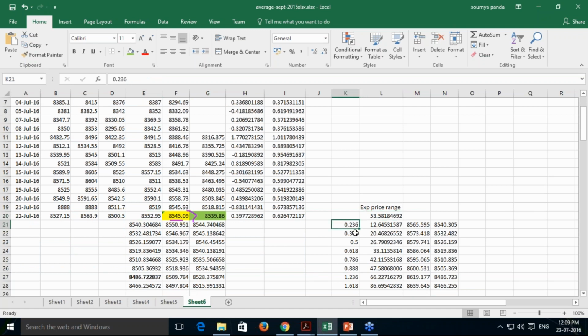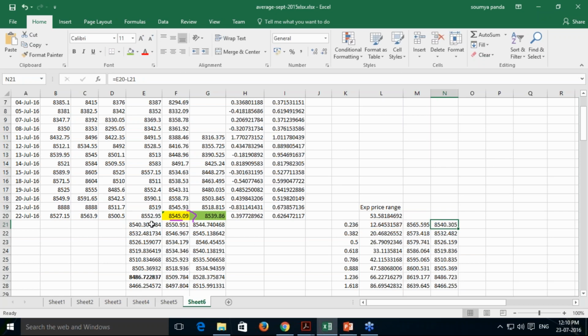price range. The Fibonacci ratios 0.2362 to 1.618 are multiplied with this price range, added to the last traded price here, and subtracted from the last traded price. All these Fibonacci prices, uptrend and downtrend prices, I have taken.